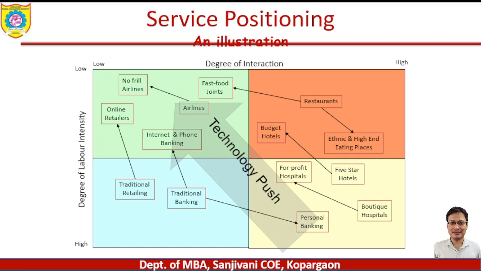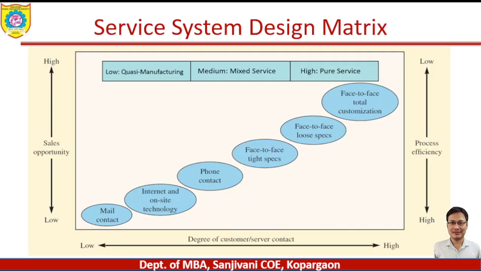On the other hand, you can position your service company with a degree of labor intensity as well as degree of interaction that is very high, as in the case of five-star hotels, seven-star hotels, full-fare airlines, boutique hospitals, etc.